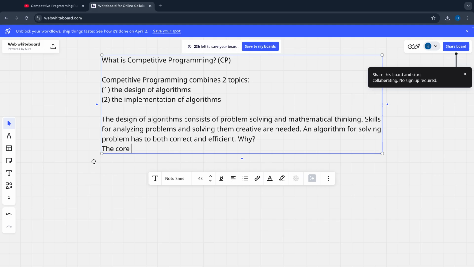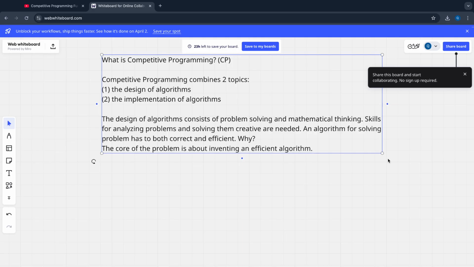The core of the problem is about inventing an efficient algorithm. Okay.